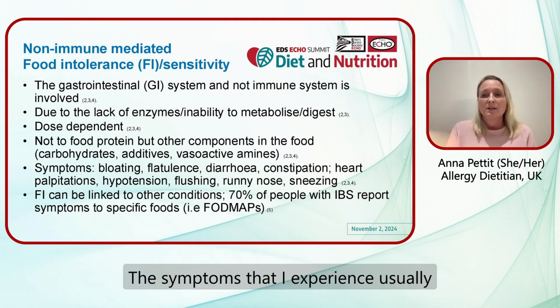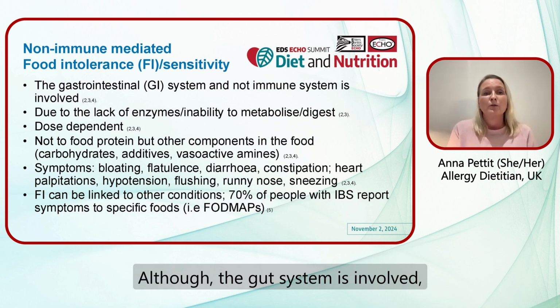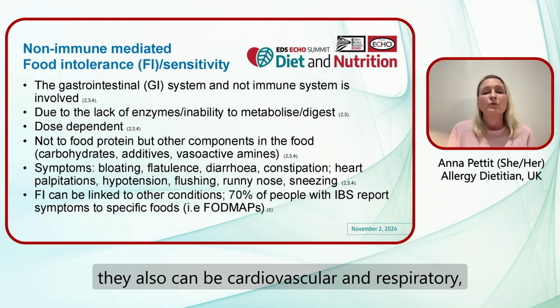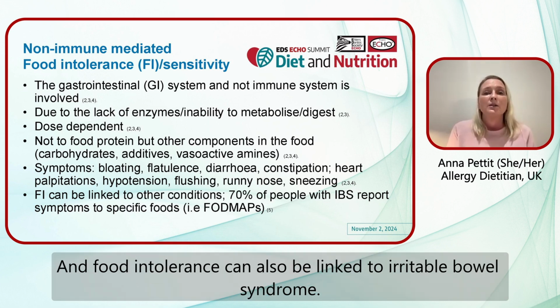The symptoms that are experienced usually are not only confined to the gut, although the gut system is involved. They also can be cardiovascular and respiratory, such as low blood pressure, flushing, runny nose, sneezing. And food intolerance can also be linked to irritable bowel syndrome.